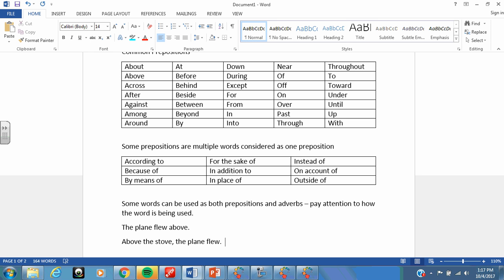In this particular group of sentences, we have above being used as an adverb, and we have above being used as a preposition. Which one is it?